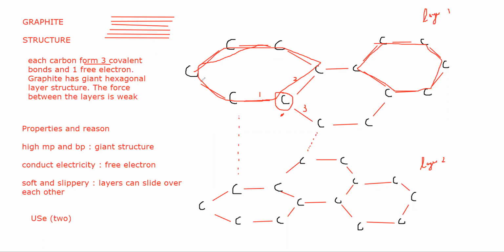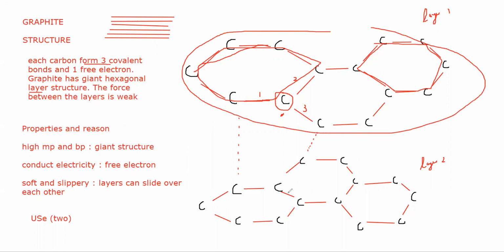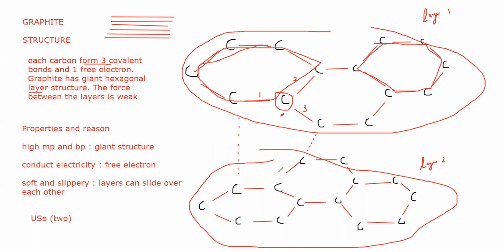So giant hexagonal structure, and layers are also there. It's like this is one layer of the graphite, then this is another layer of the graphite, and there's a weak force between the layers so that these layers can slide over each other. Is it clear?